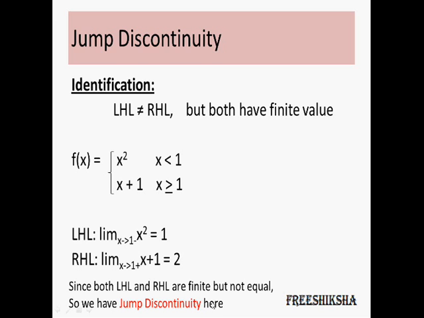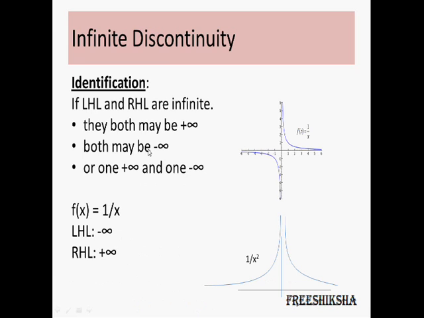So since these two are not equal, we can say that this has a jump discontinuity here at x is equal to 1. Well, if you see the infinite discontinuity, your left hand limit and right hand limit should have an infinite value. They both can be infinite on the positive side of the y-axis or on the negative side, or one could be positive, another could be negative infinity, but they both have to go to infinite values.